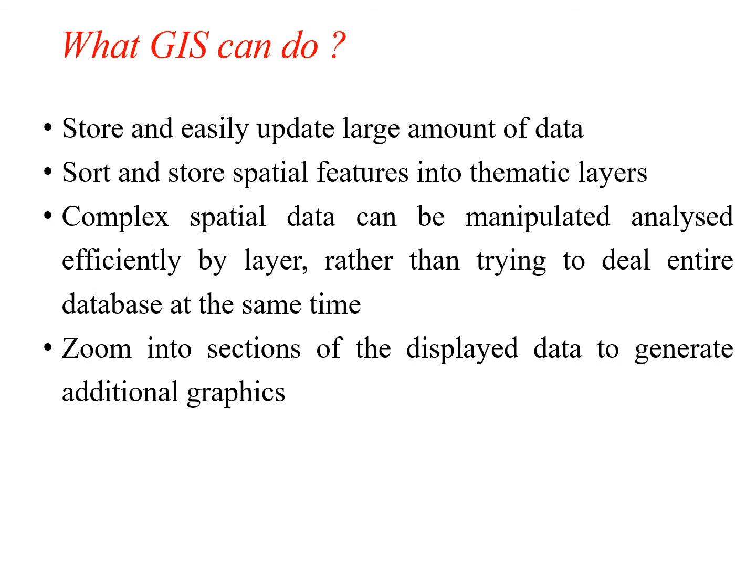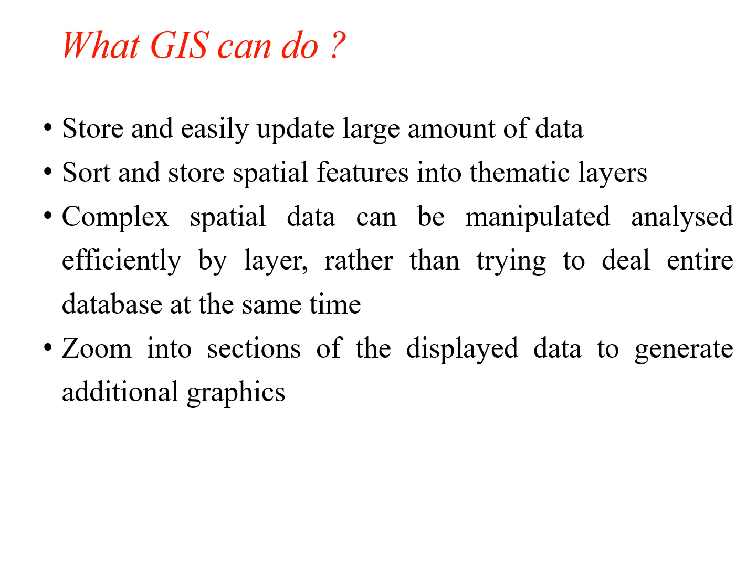For example, there is the road network. In the second layer there is a water body. Third is the type of vegetation. Fourth, the number of colonies. So likewise different layers are assumed, and all the layers are analyzed differently.